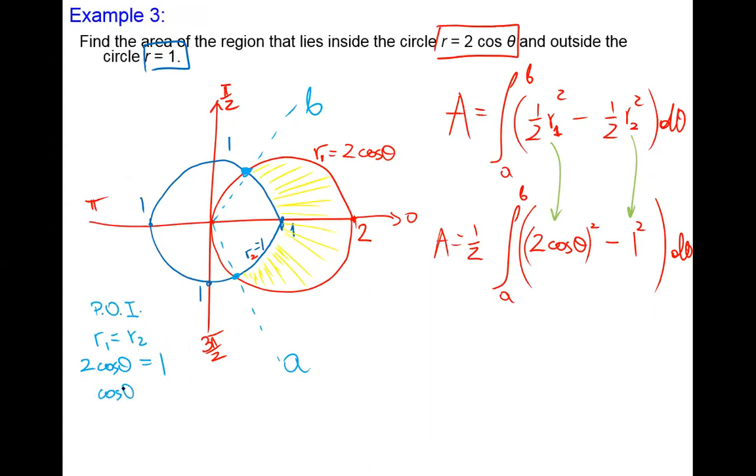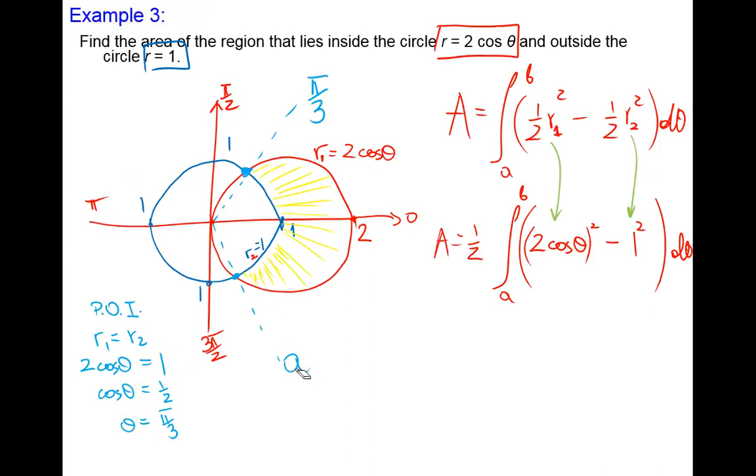That means cosine theta is 1/2. For what angle is cosine 1/2? Yes, it's pi over 3. That means this one is pi over 3.